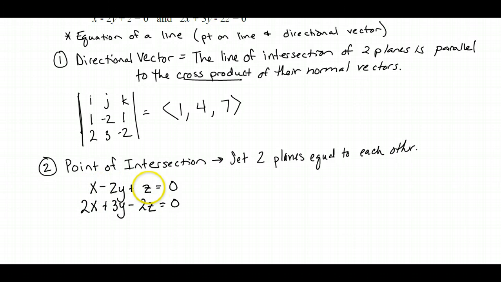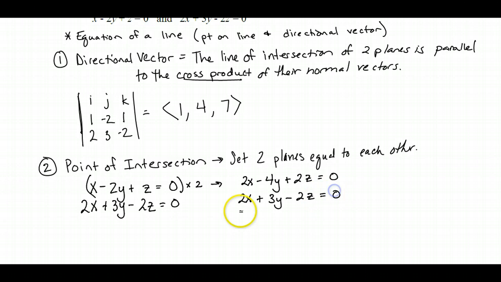I'm going to multiply this first plane by 2. Then I'll end up having 2x minus 4y plus 2z equals 0. Keep the second plane, so 2x plus 3y minus 2z is equal to 0. And now I'm going to subtract because I know that will get rid of the first term.